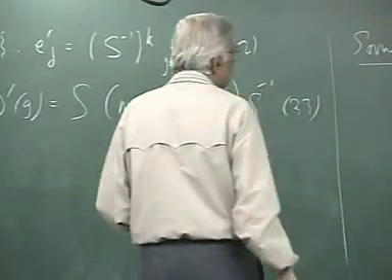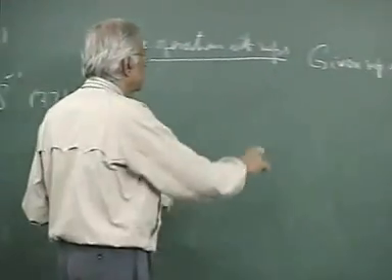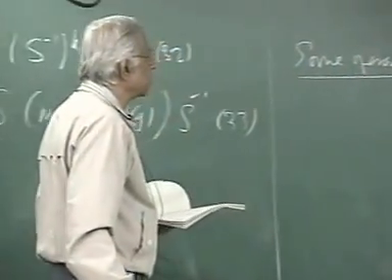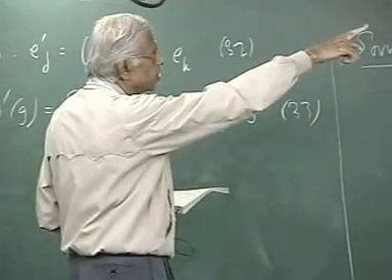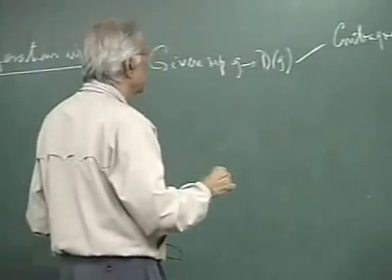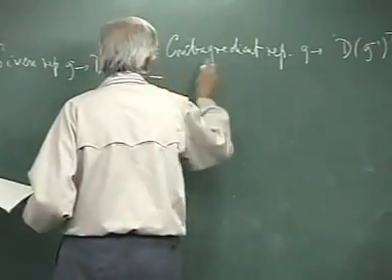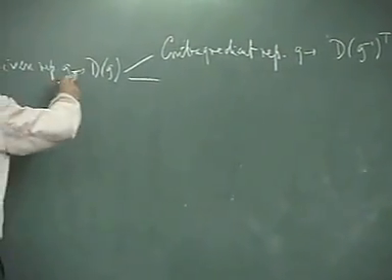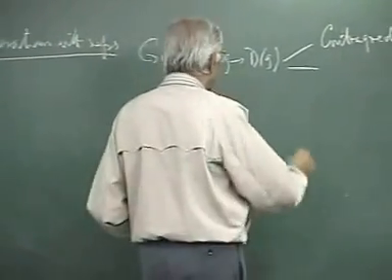So, you must do this as an exercise. If D of G is a matrix representation of the group G, so is the right hand side. That also is a representation, and that representation is said to be contra-gradient to the original representation.